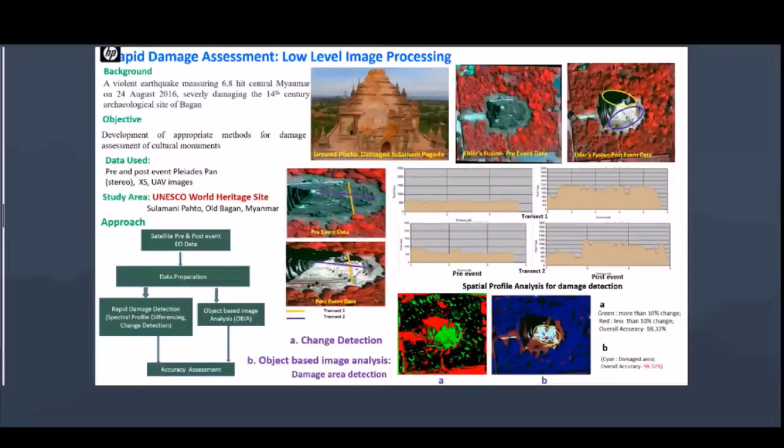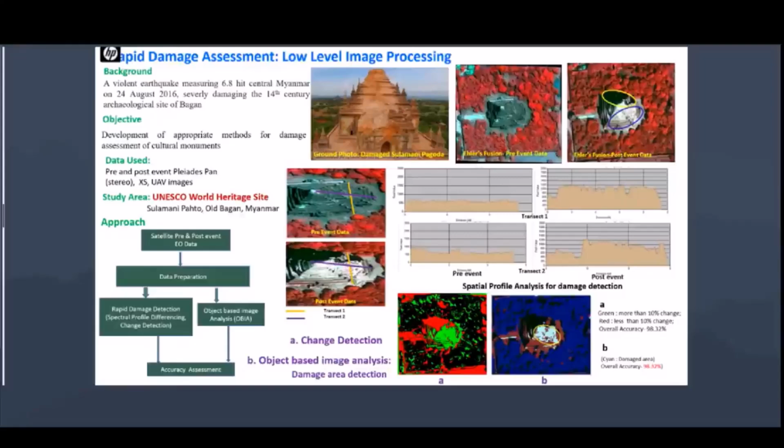Just a very simple method, because time was very important in that sense. Once we received the data, we created a transect line from one point to another point, and we saw how the pixel values are changing.